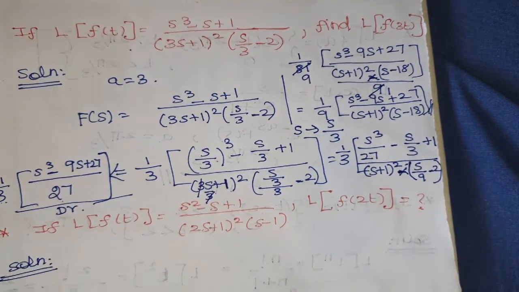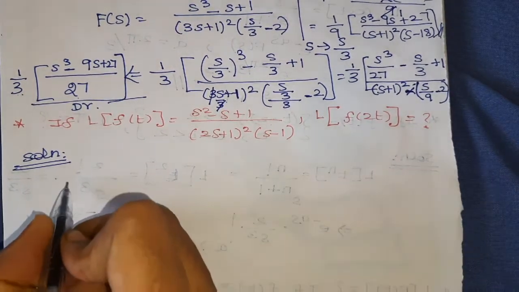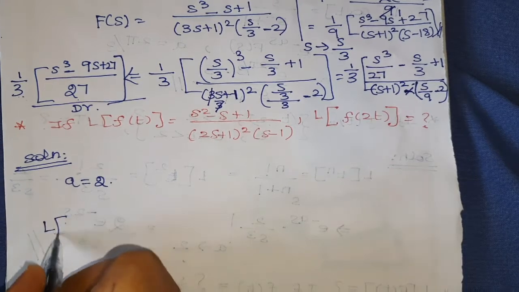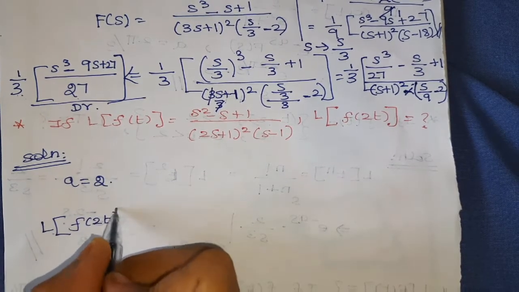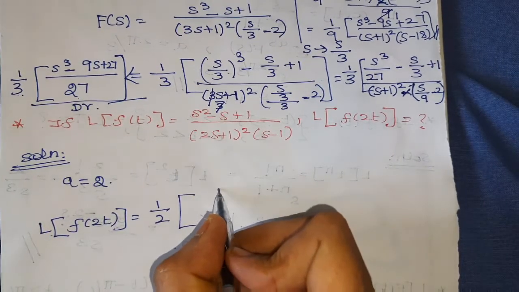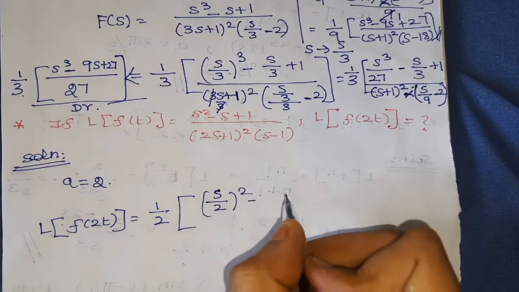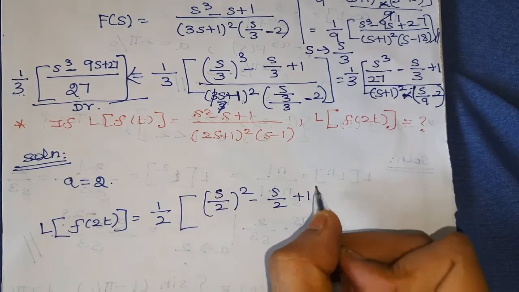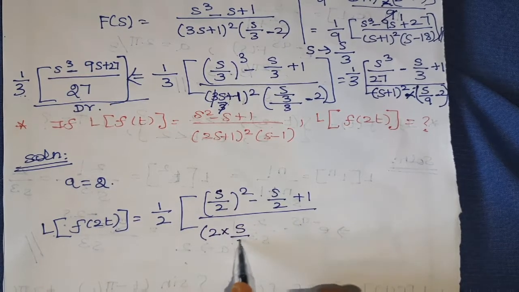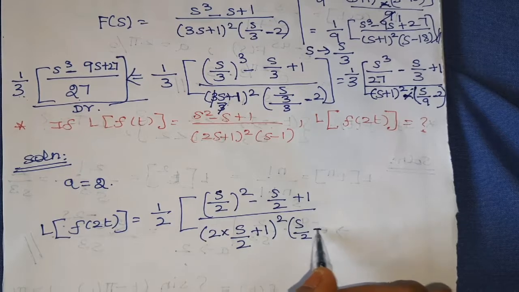Here a is 2, so the Laplace transform of f(2t) is equal to 1/2 times, in place of s we replace s by s/2: (s/2)² − s/2 + 1 divided by (2·s/2 + 1)² times (s/2 − 1) here.